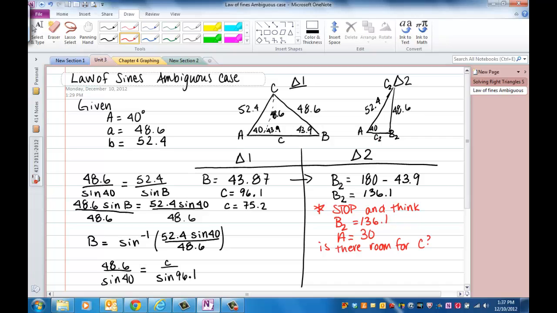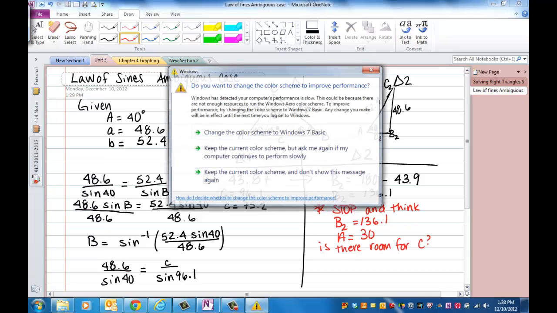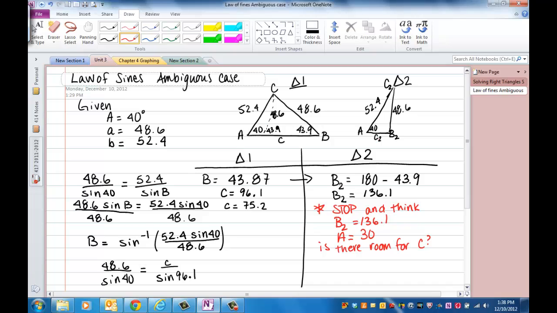If your two angles, when you add them up, are equal to 180 or greater than 180, there's no room for angle C. All angles in a triangle add up to 180. So if there's not even room, this triangle cannot exist. This triangle cannot exist if there is no room for a third angle in this. In this particular case, these two add up to 166.1.